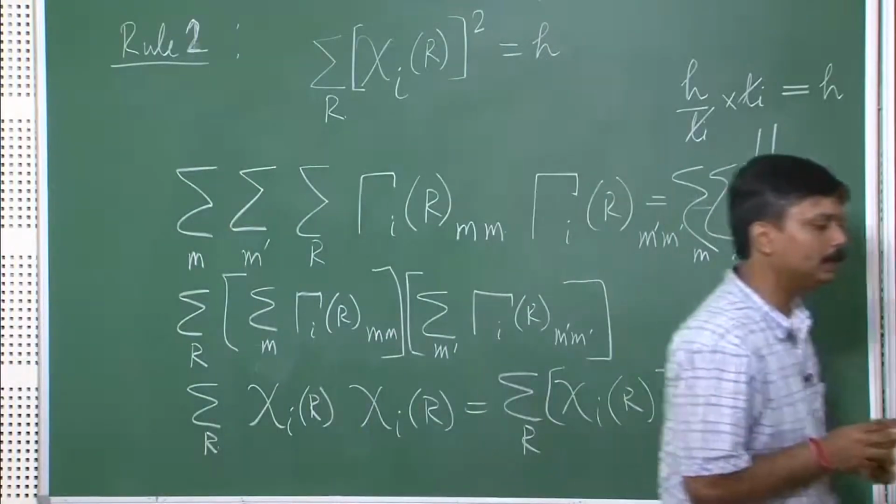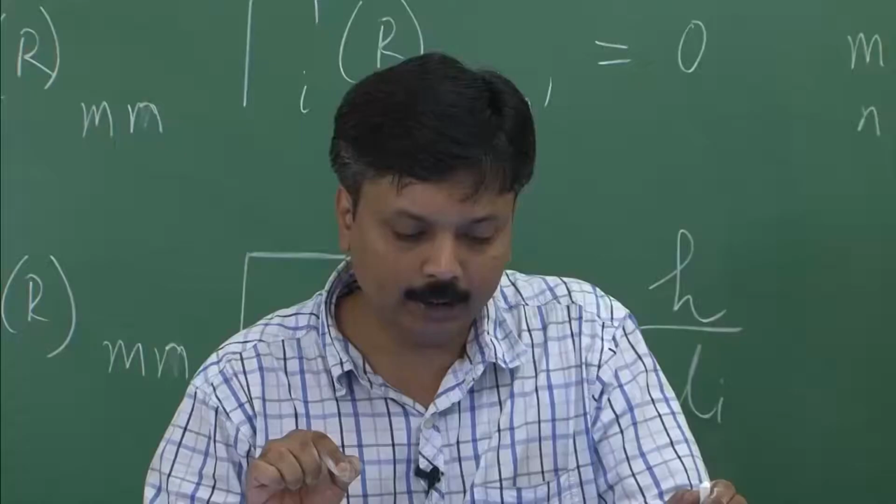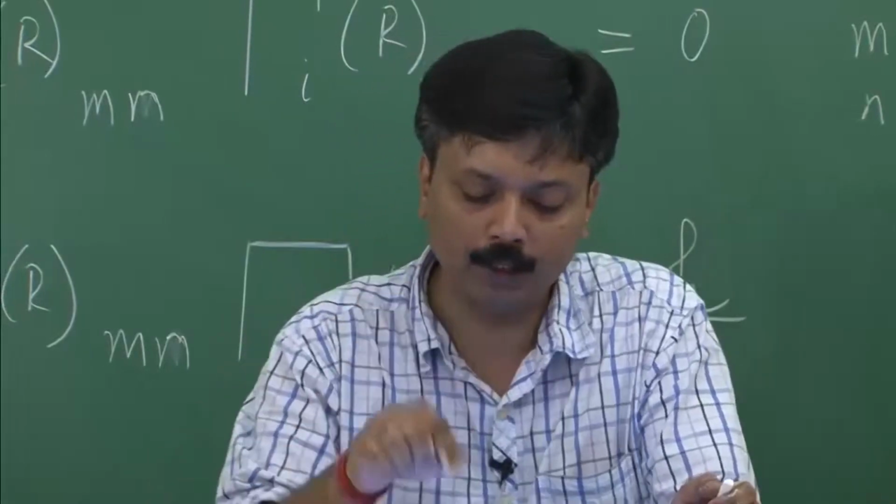So what does it mean? If you quickly look at the character table for C3V, which is on your screen, and take any representation, let's choose A1. If I take the squares, what will happen? Here one thing you should notice is that all the symmetry operations belonging to a particular class are clubbed together, and their characters are the same, which we have already proved earlier.